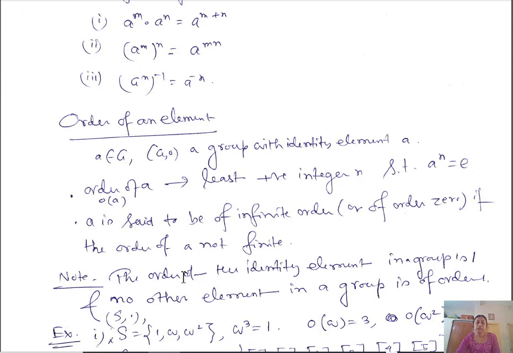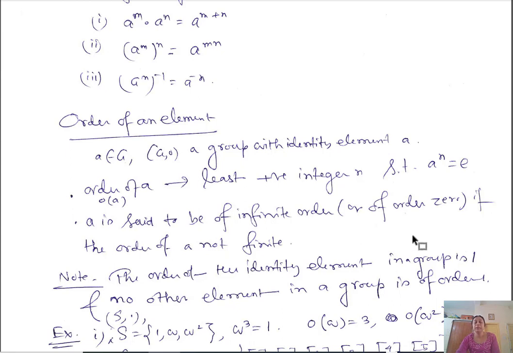The order of the identity element in a group is 1. Because if you take the identity element E, E to the power 1 is E, so 1 is the least.